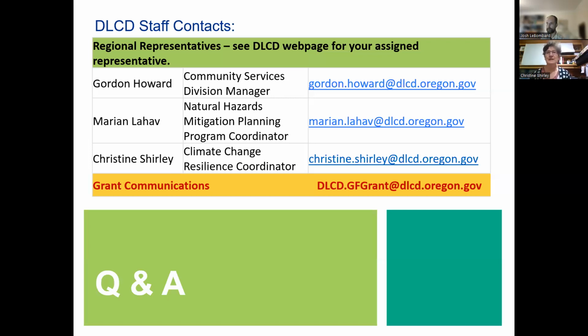Likewise with climate change adaptation, or other parts of the hazard mitigation plan that maybe are a little weak, you can ask for a project to be funded to upgrade those parts of the plan. Post-disaster recovery planning or pre-disaster recovery planning is another part.